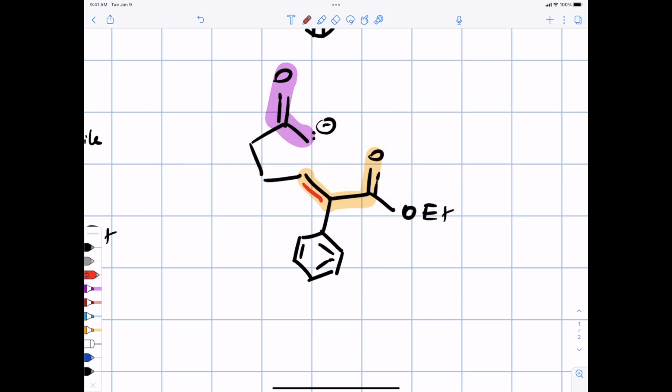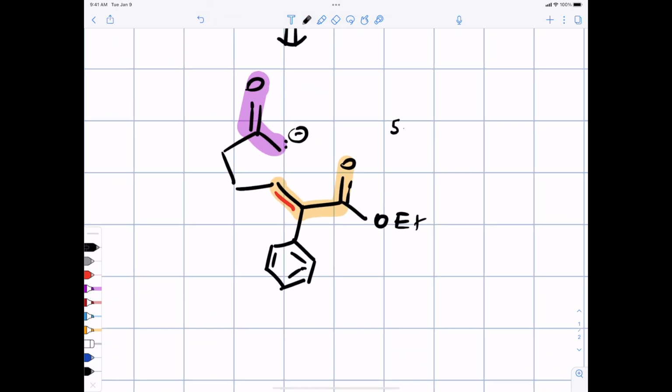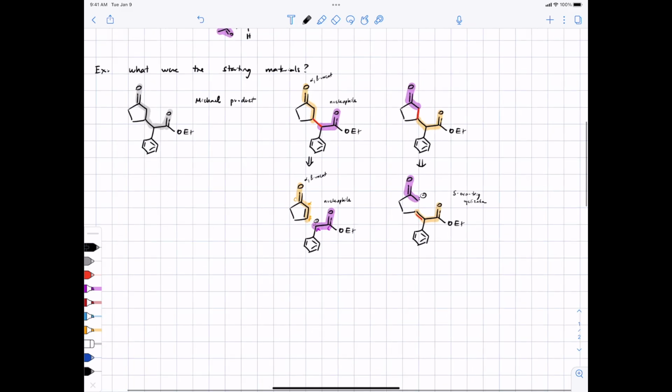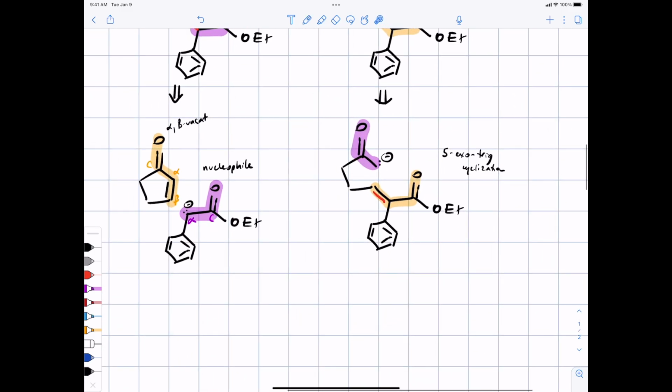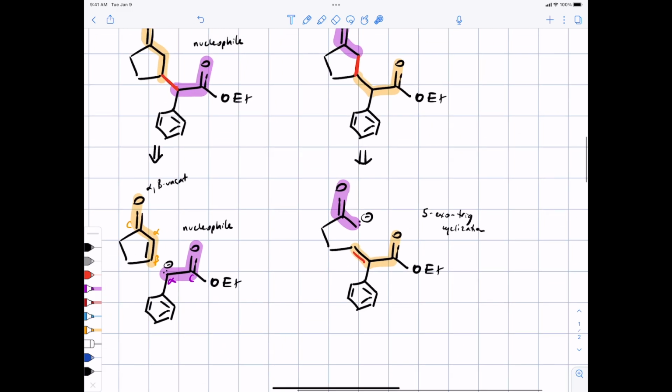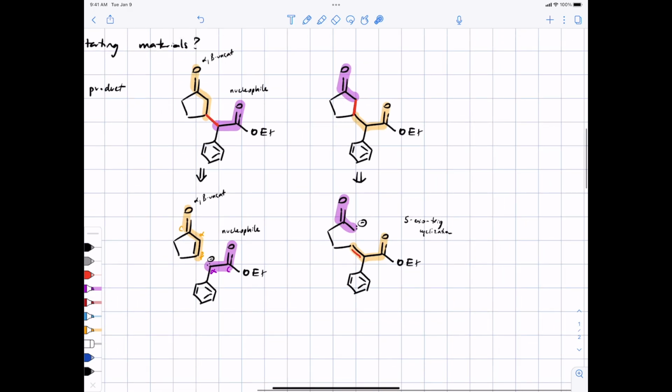You don't actually want to know this, but this would have been called a 5-exo-trig cyclization, and I believe that's allowed by so-called Baldwin's rules. Anyway, it would just be a question as to whether the geometry works out very well or not. I'm not sure whether you would have preferred the cis or the trans isomer here. I don't necessarily want to worry about that.